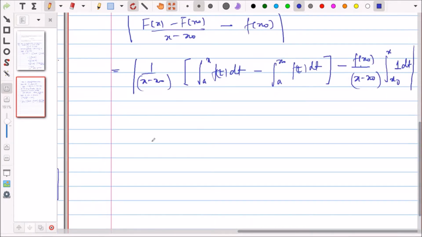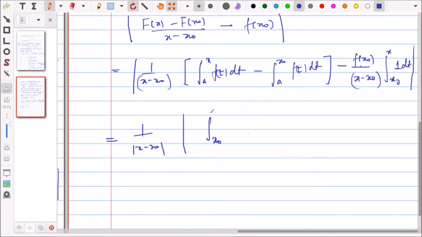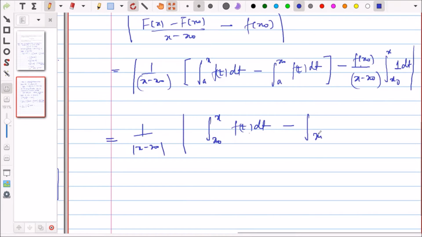Now we can club these together. So whenever you can take 1 over x minus x naught outside, this will be integral x naught to x f(t) dt minus this f(x naught) can be taken inside because it is independent of t, so we can write it as integral x naught to x f(x naught) dt.